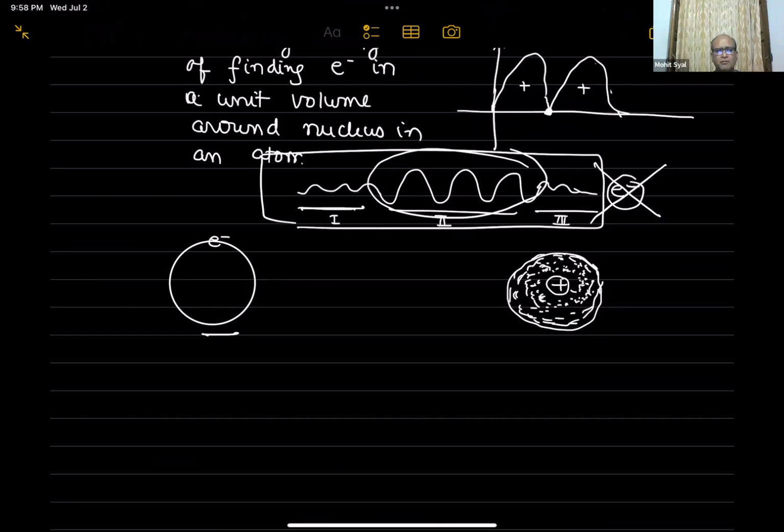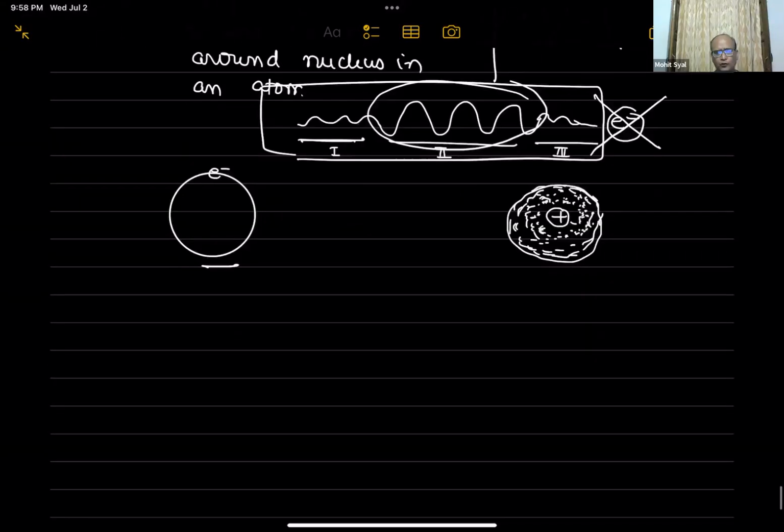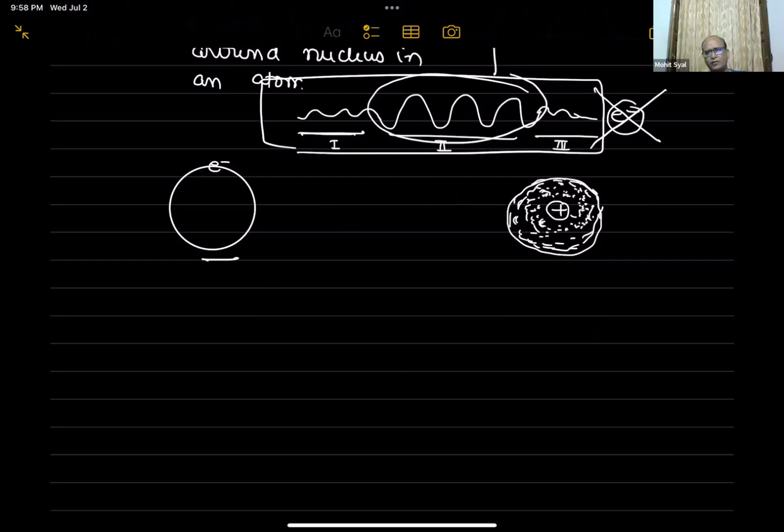We have some quantum numbers, and these quantum numbers make the solution of the Schrodinger wave equation meaningful. You are already aware of some of them.